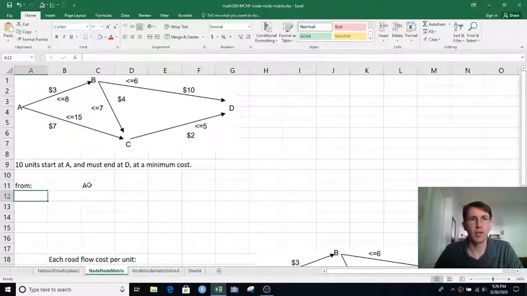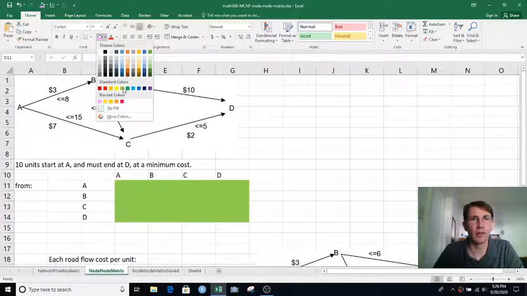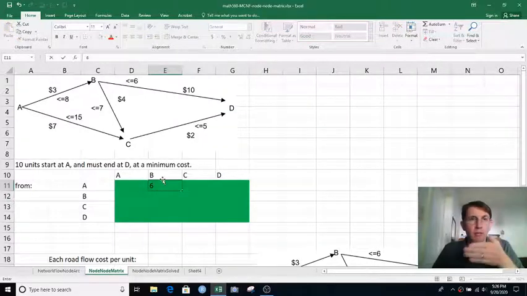So from A, B, C, D, and then to A, B, C, D. And so we'll designate this whole block of cells as decision variables. So if I said put, let's say, 6 from A to B, that would mean that AB was 6. So I don't really have to put that here.